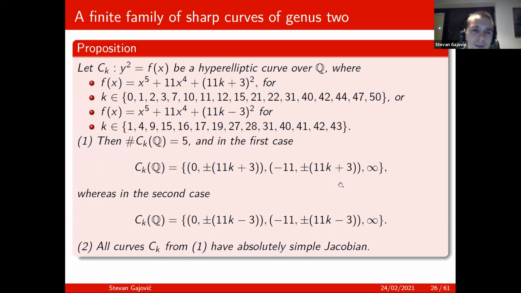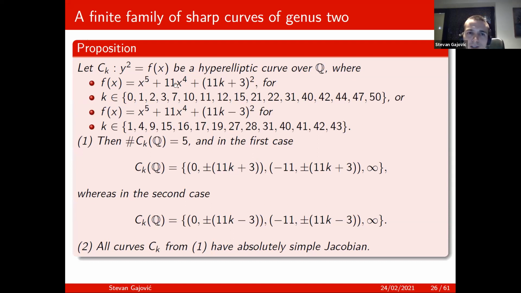For example, if we consider curves given this way, so just x to the 5 plus 11x to the 4 plus (11k plus 3) squared, for some k that I will say about later. The main thing is that we have some obvious rational points: when x is 0, as we noticed on the previous slide, we get 2 points, plus or minus (11k plus 3).